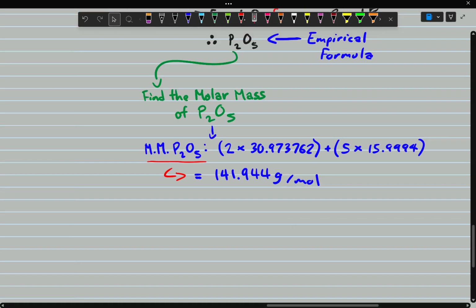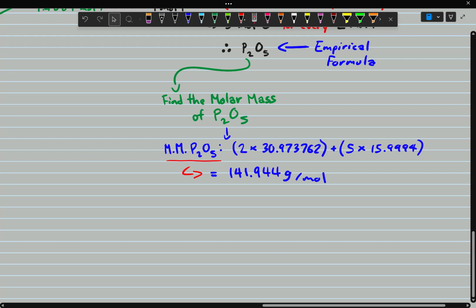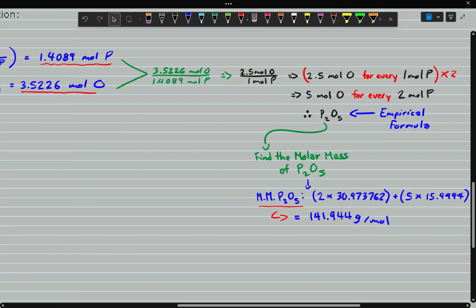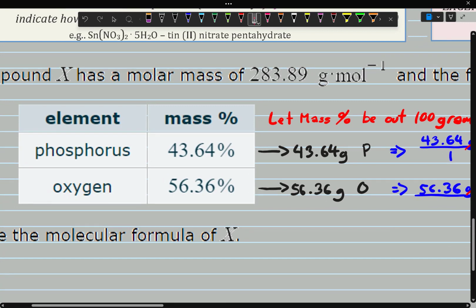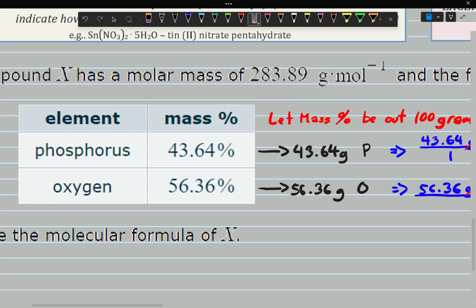Now all we have to do is divide the molar mass of our compound by the molar mass of the empirical formula.